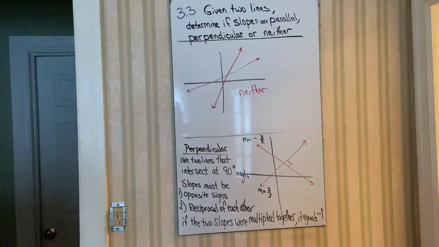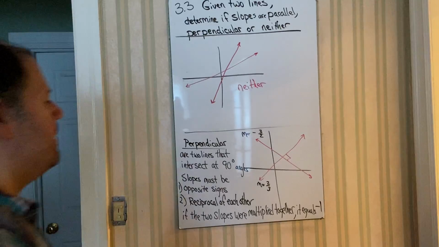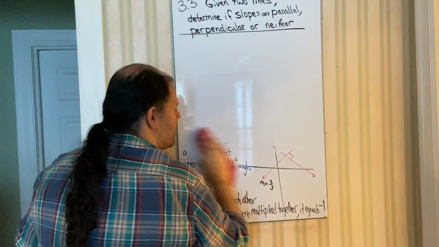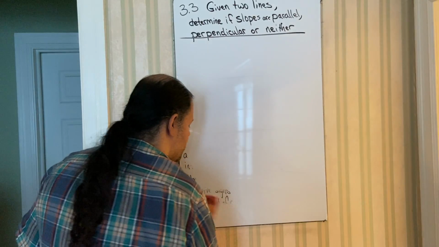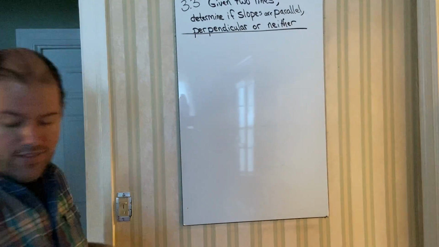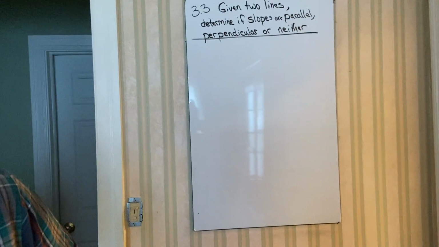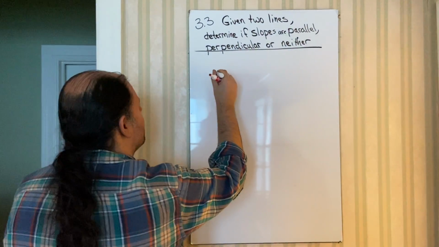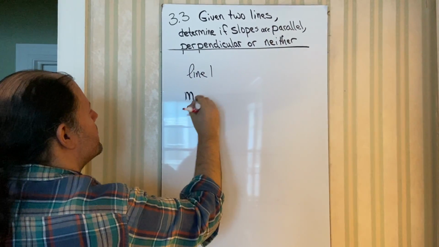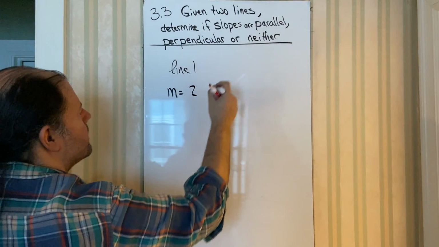So with those three pictures, let's talk about if I give you two slopes. By looking at the slopes, can you determine are they parallel, perpendicular, or neither? Now you don't have pictures, they just give you the slope. So let's say for line 1, the slope was 2.